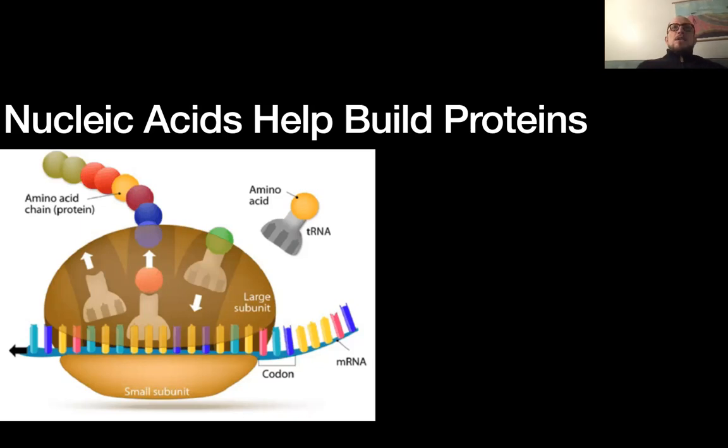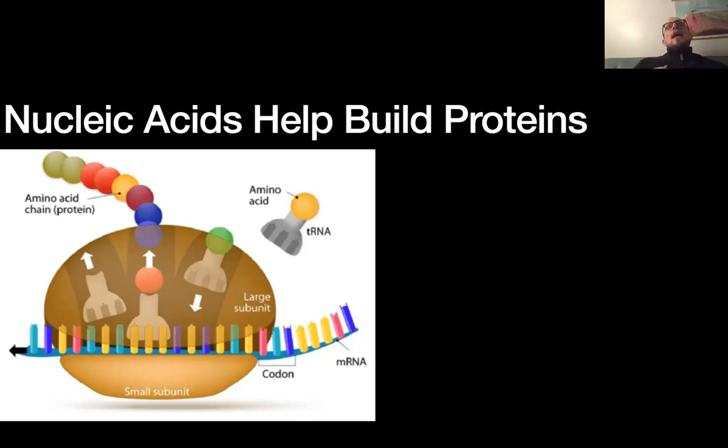As that passes through the ribosome, other forms of nucleic acid RNA, we call it tRNA or transfer RNA, are able to enter into the ribosome and then find particular patterns in that messenger RNA that indicate a kind of amino acid that should attach to the other end.